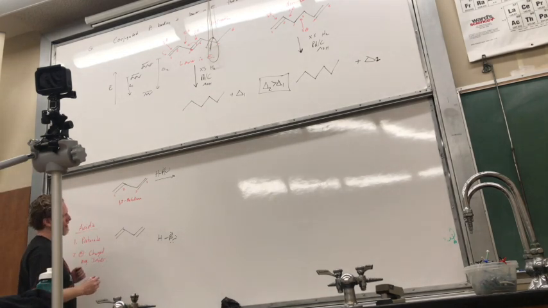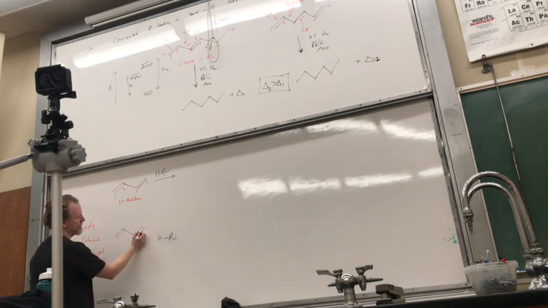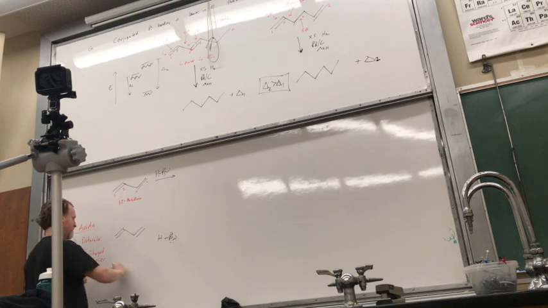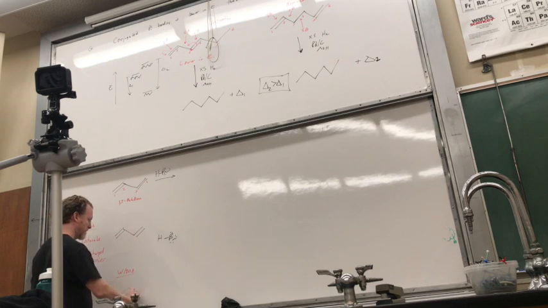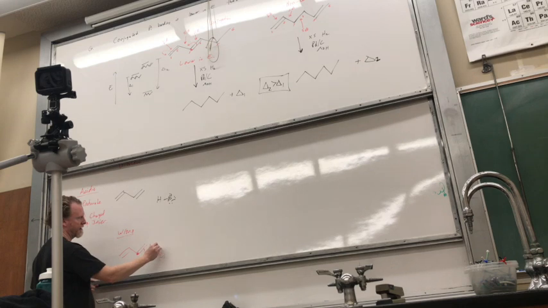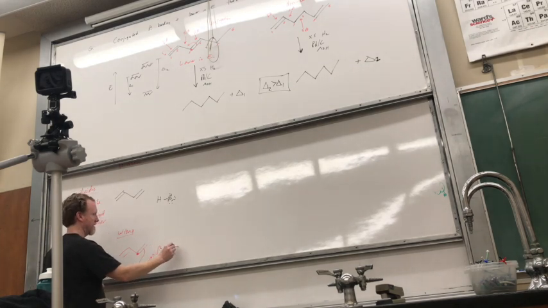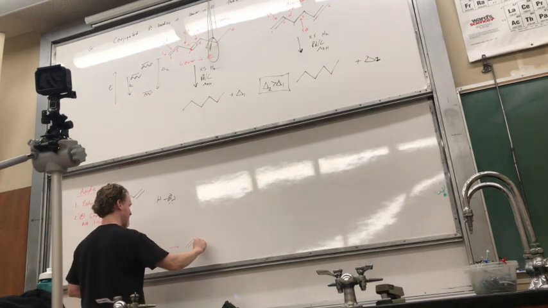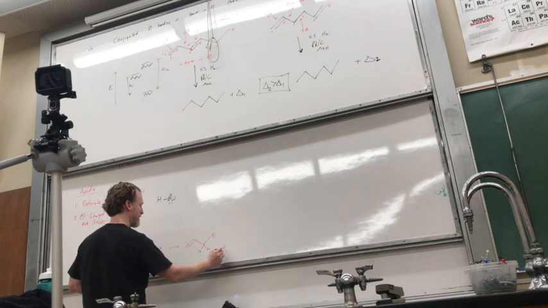So I have a couple options here. I can imagine a hinge here and the pi bond swinging out, and that would be wrong. I'll just draw it out wrong first. So imagine if I have the hinge there, if I swing out this way, I would make a primary carbocation and the bromide.